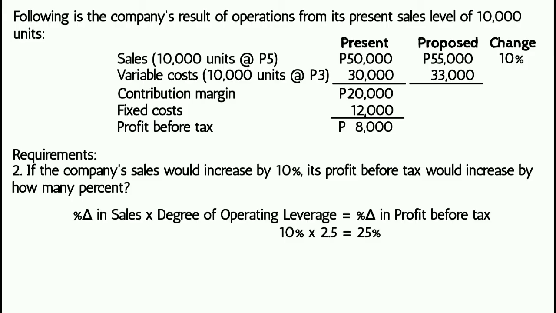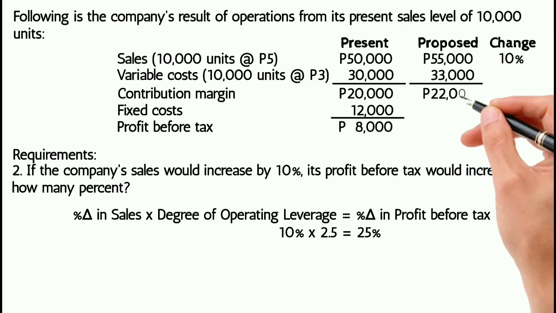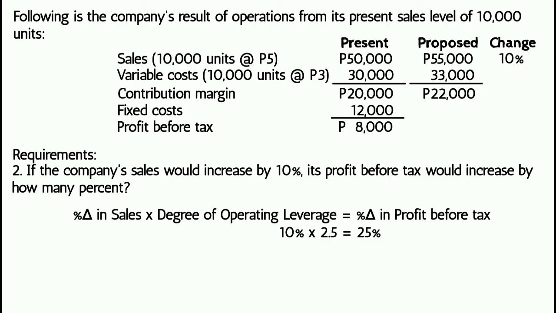Ang present contribution margin ay 20,000 pesos. 50,000 pesos minus 30,000 pesos, that is equal to 20,000 pesos. Ang proposed contribution margin ay 22,000 pesos. 55,000 pesos minus 33,000 pesos, that is equal to 22,000 pesos.